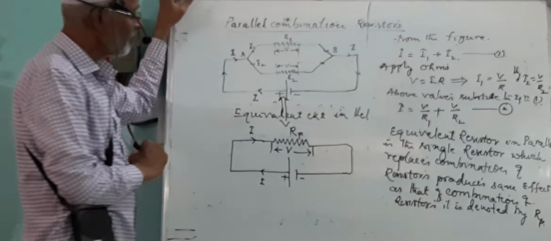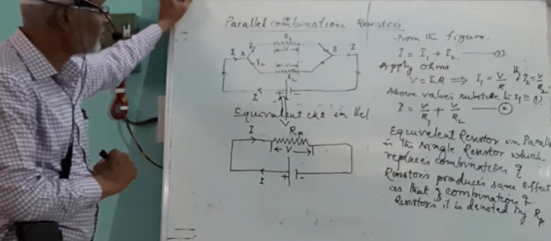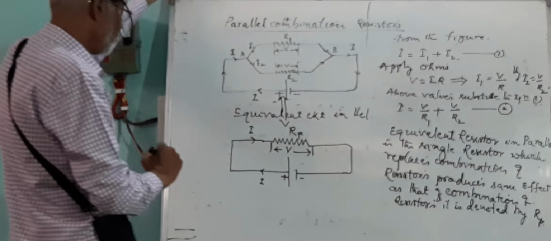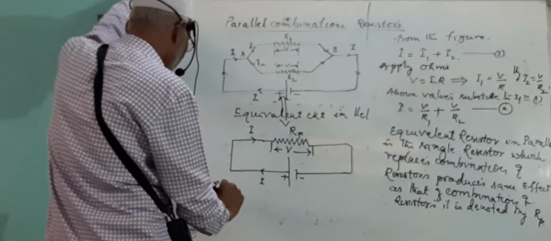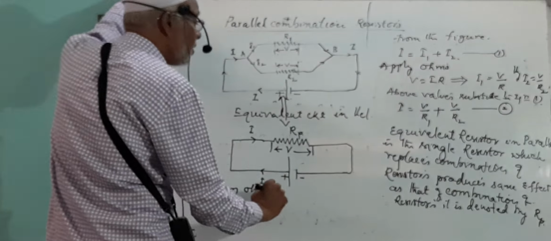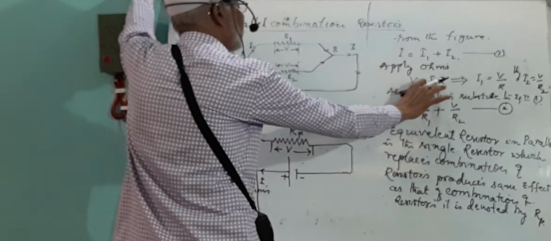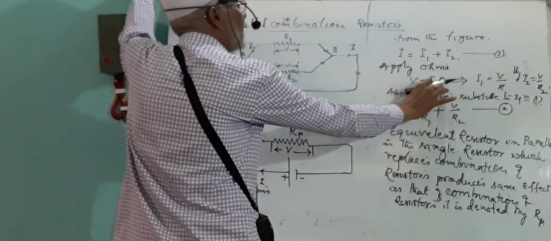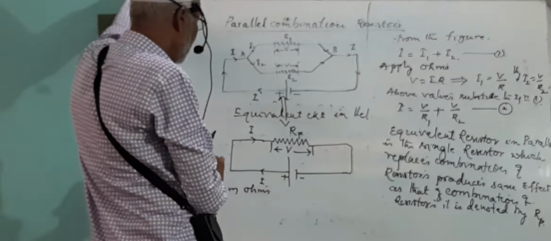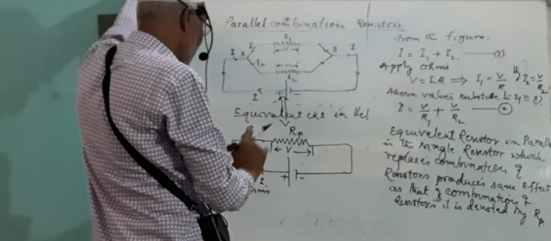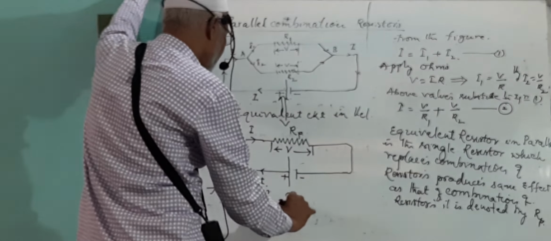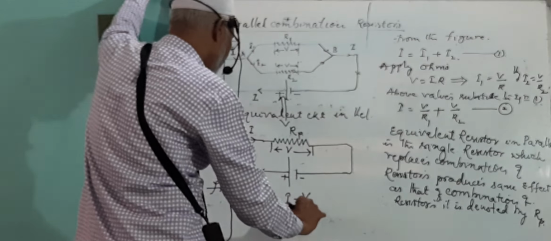Once again you have to apply Ohm's law in order to find the current in the circuit. The general expression for Ohm's law is V is equal to I into R. So I have to bring an expression for I, which is I is equal to V upon Rp.